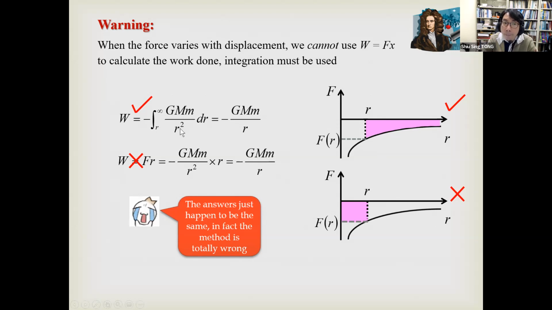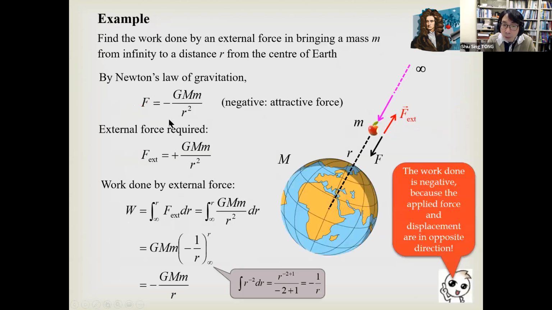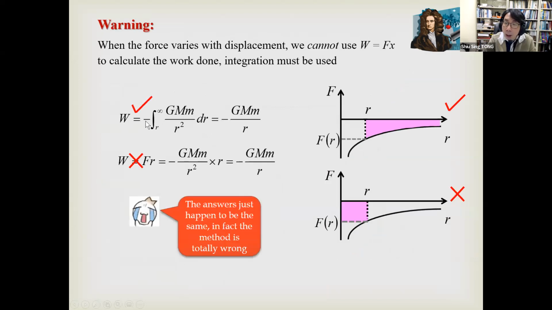Now let's see why. The correct way to find the work done by the external force is to do this integral. The integral we did is integrating GMm over r squared from infinity to r. Suppose I switch the upper and the lower limit such that the limits become r to infinity. If I switch the two limits, it introduces a minus sign, right?